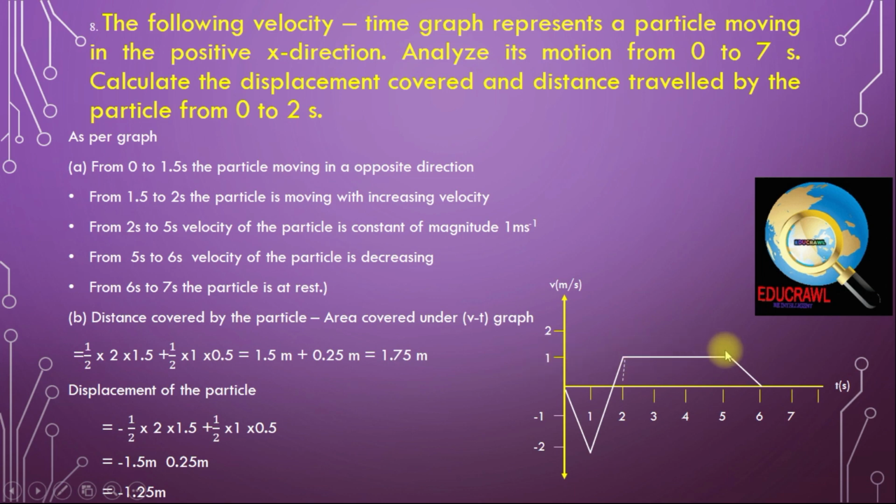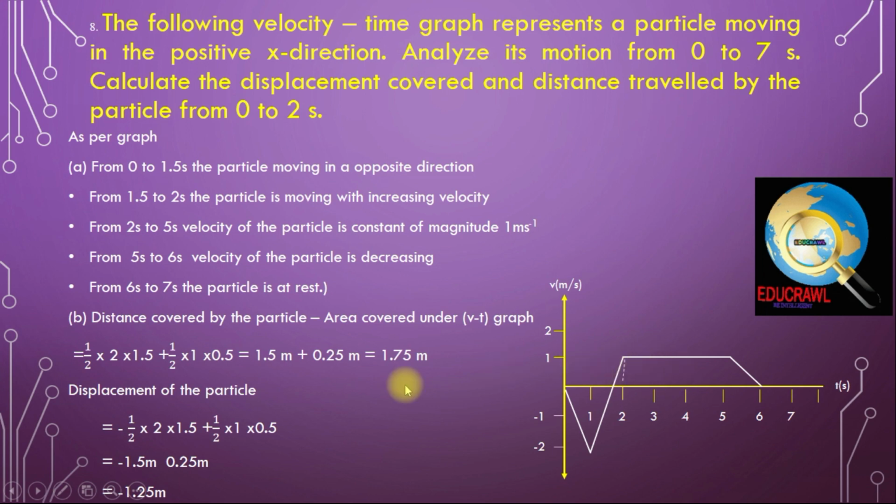If you see the graph from 5 to 6 seconds, the particle's velocity is decreasing, and from 6 to 7 seconds, the particle's velocity is 0 as the line coincides with the x-axis. So we can understand that from 6 to 7, the particle is at rest with 0 velocity. So this is the analysis of the graph given.